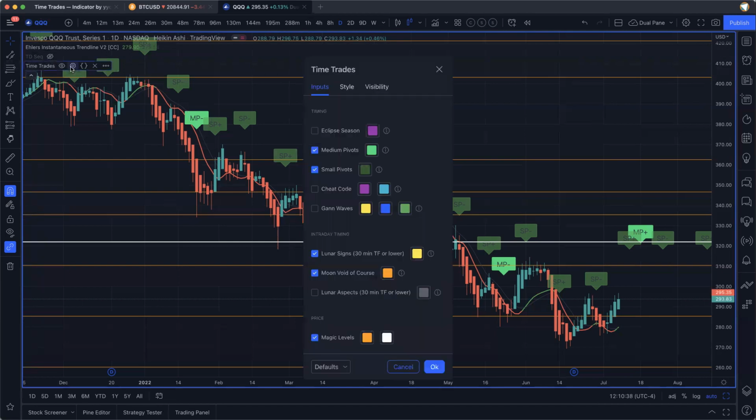Some of the updates that I made here are to add the polarity indicator to the small and medium pivots, and I'll go into that in a bit more detail. I also added a little mouse hover that shows the data range for small and medium pivots. So that's a nice little update, and it gives some clarity on how much data is embedded into the script.